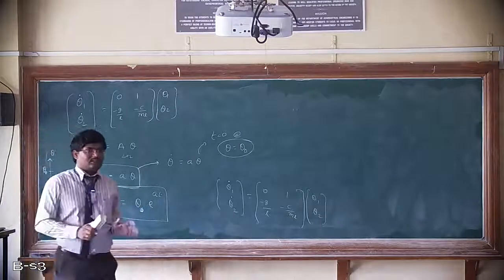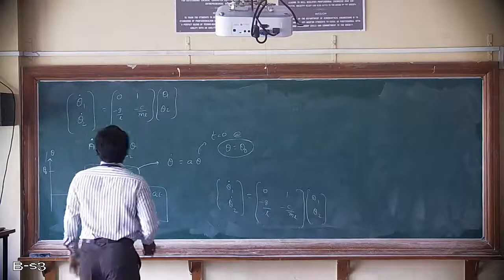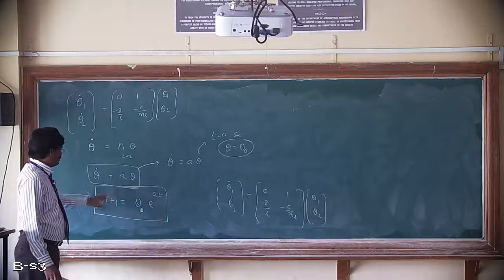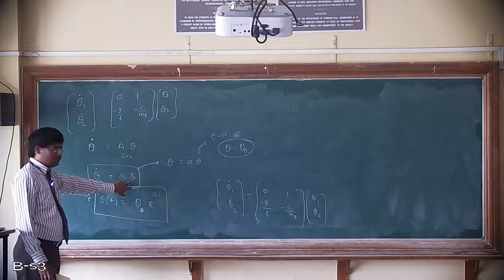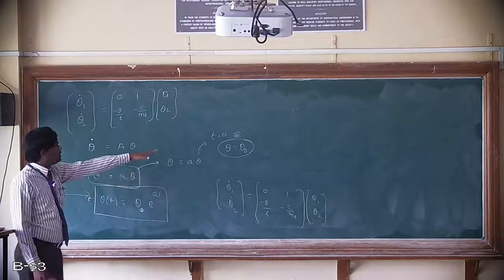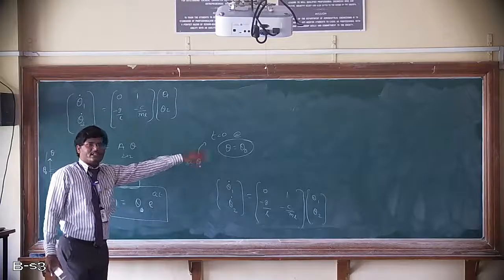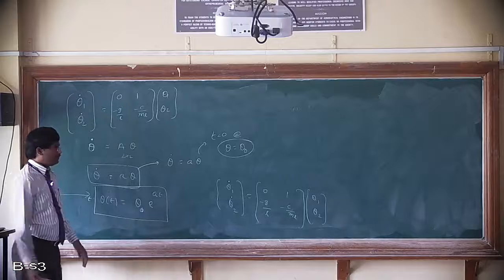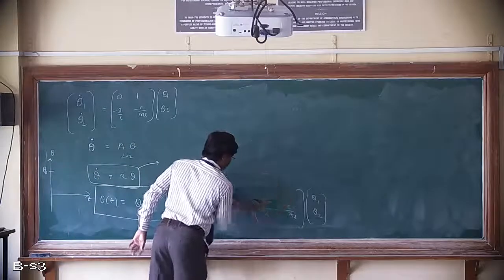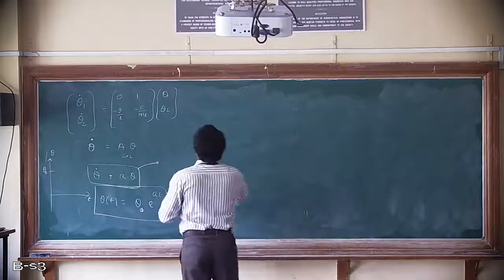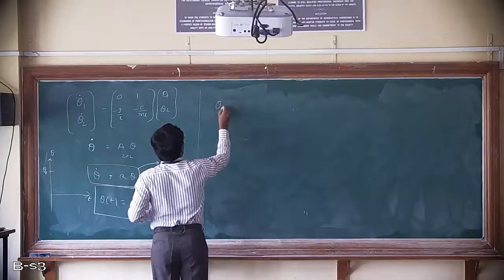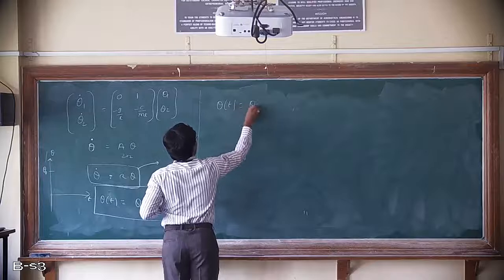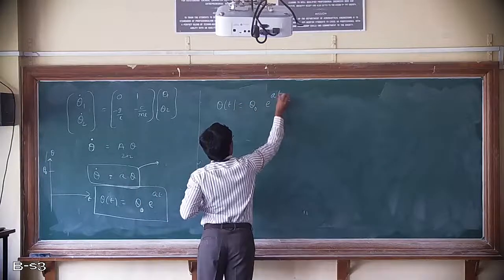Are you getting what I am saying? For a first order differential equation, the equation is like this: theta dot is equal to A into theta. If you solve this equation using the initial condition at t is equal to 0, theta is theta naught, you will definitely get theta of t is equal to theta naught into e power at.